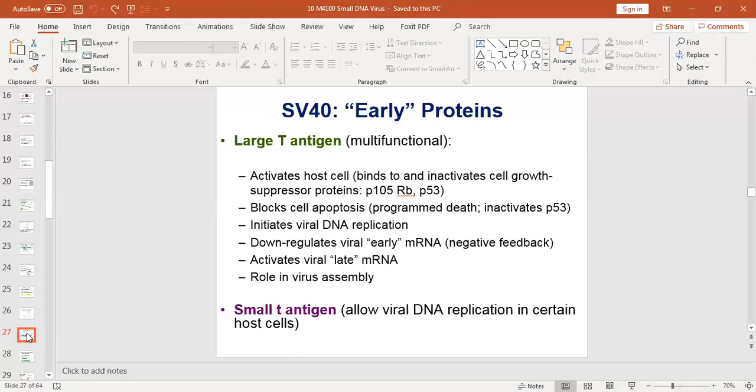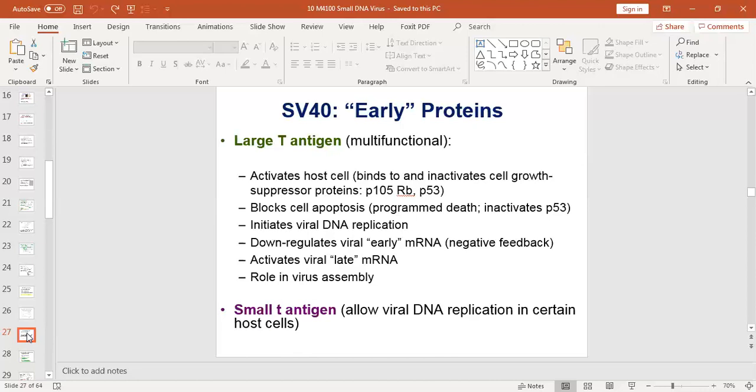Large T antigen also triggers viral DNA replication. It also serves as a negative feedback loop. Once enough early messenger RNA is produced, resulting in the production of large T antigen, the large T antigen will block further early mRNA production and help the genome switch to late mRNA expression. Large T antigen also participates in the assembly of the virus.